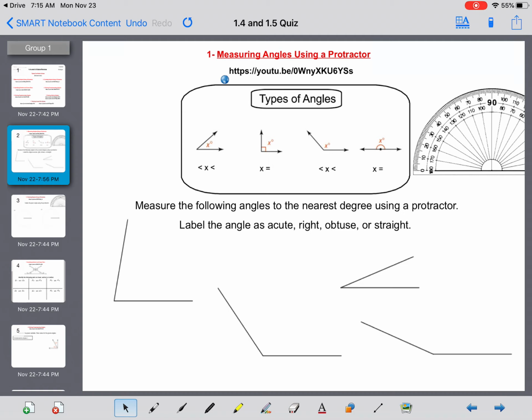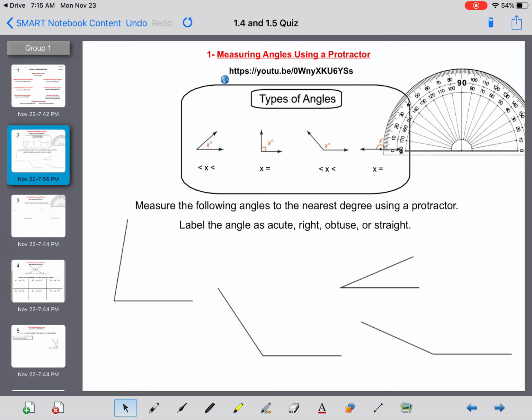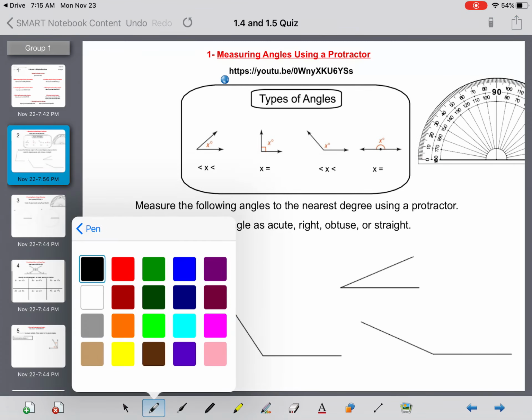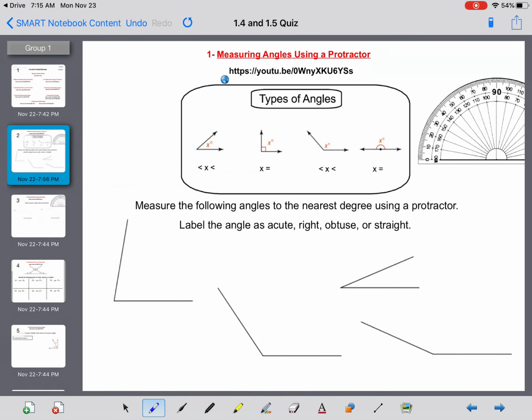Topic 1, measuring angles using a protractor. Well, you all have your protractor here, okay? And there's different types of angles that you need to know. The first is any angle between 0 degrees and 90 degrees. That's an acute angle, acute, okay? Second type of angle is when you see the little box in the corner.